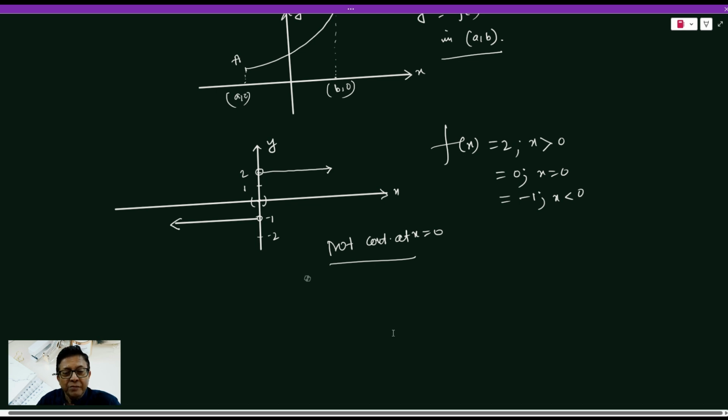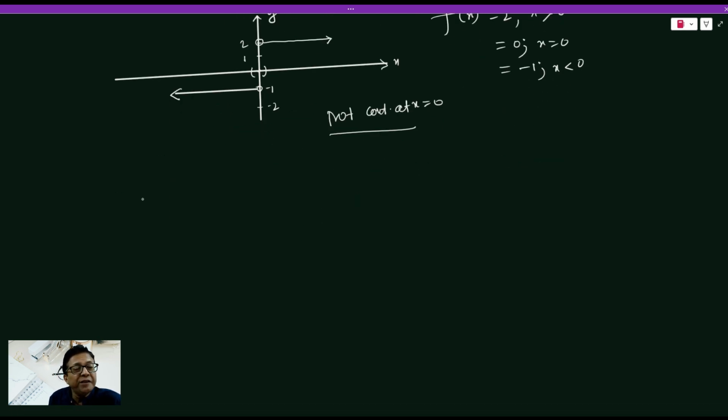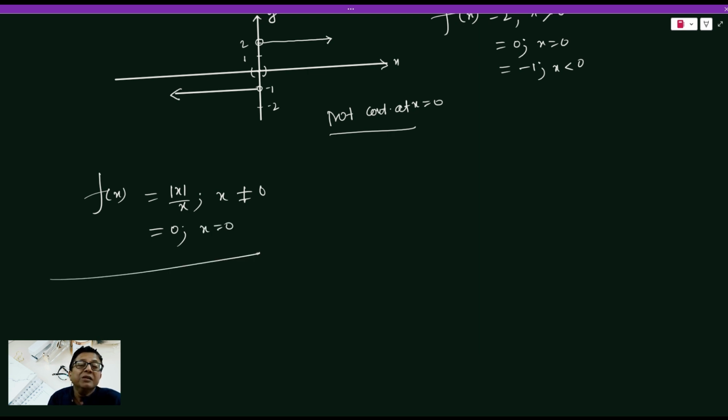Okay? What about this function which is very familiar to you, that is f(x) equal to mod x by x for x not equal to 0 and 0 for x equal to 0. This is famous because you have done it as signum function in class 11 syllabus.